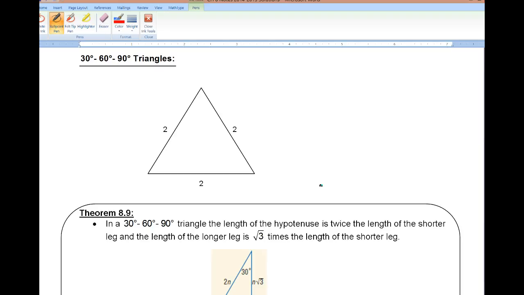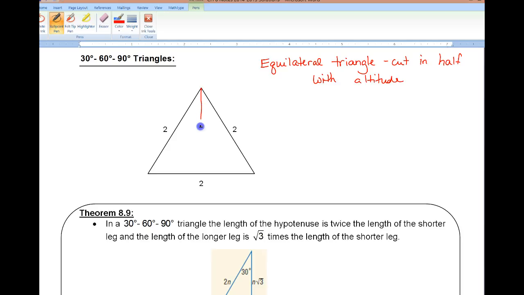Okay, so 30-60-90 triangles. This is the other one. How do we get a 30-60-90 triangle? We're going to take an equilateral triangle and cut it in half by drawing the altitude.